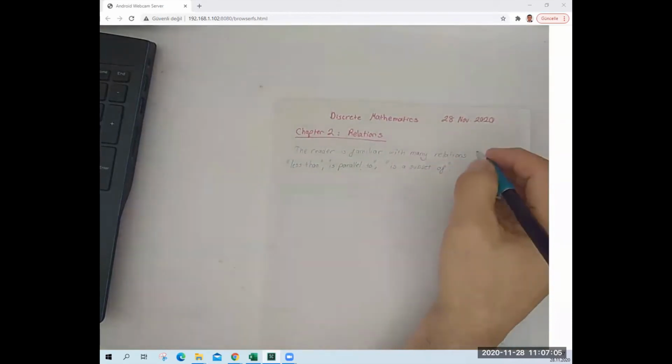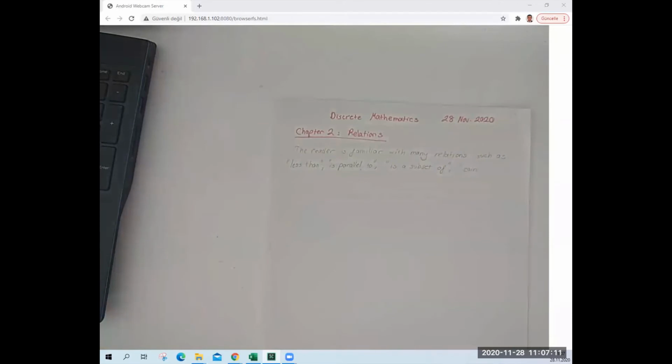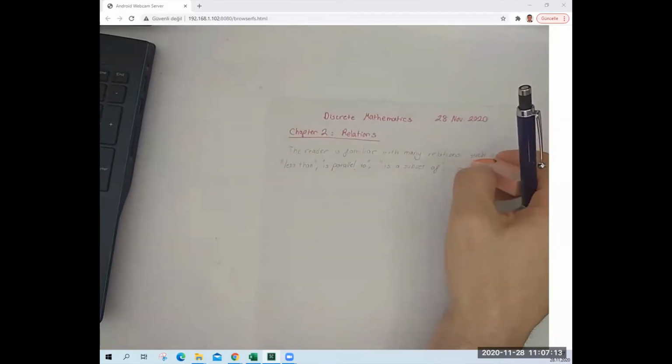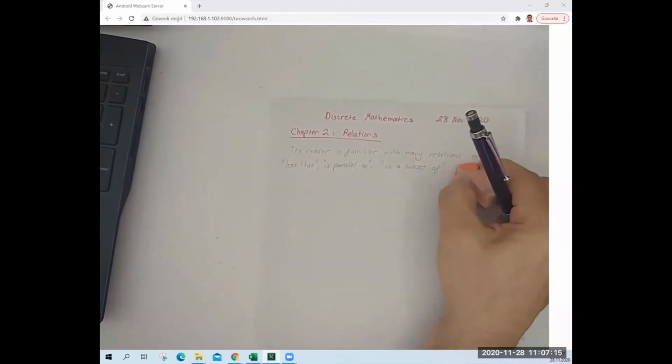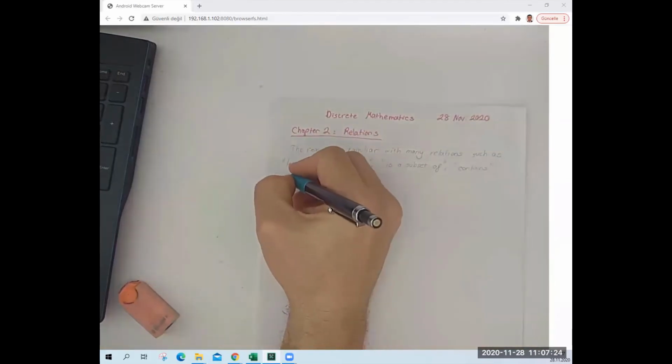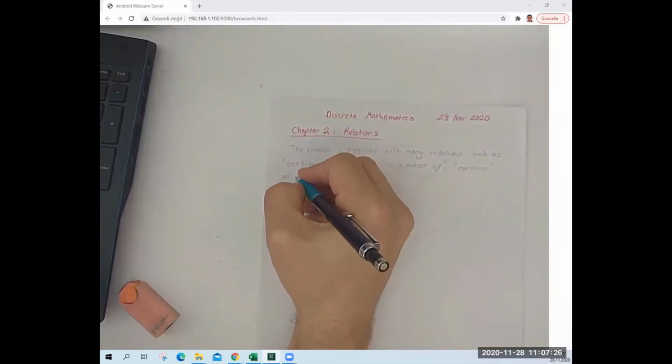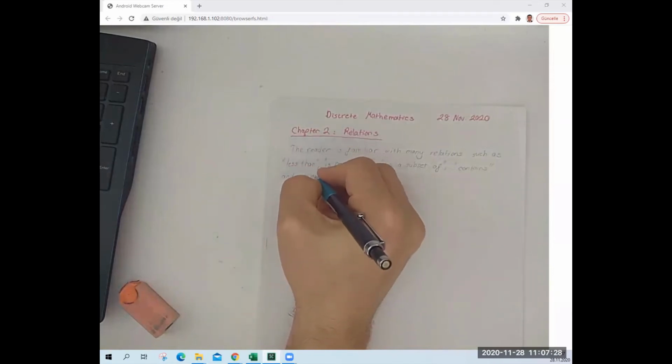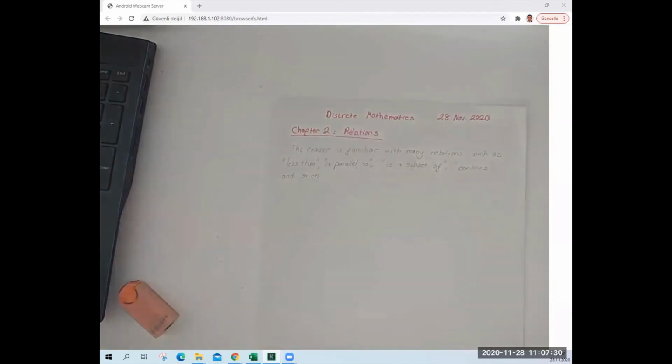We saw contains and so on. We saw some kinds of relations.